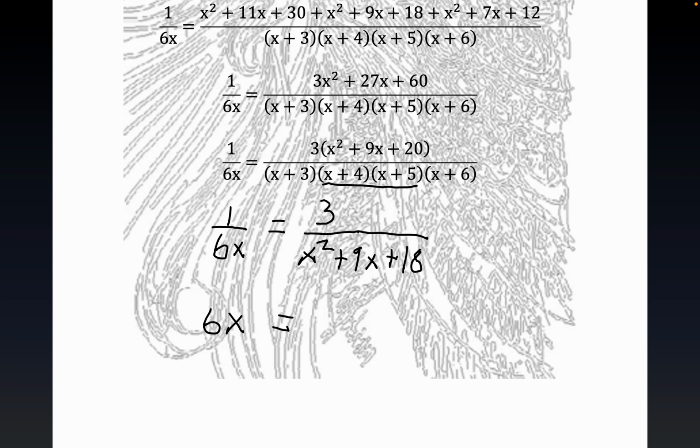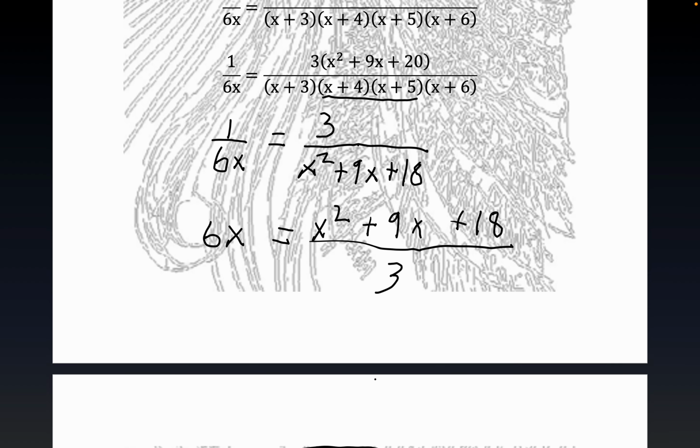So we could write down 6x, and you would get x squared plus 9x plus 18 over 3. And then what happens here, ladies and gentlemen? Again, we inverted and multiplied, so this will give us 18x.